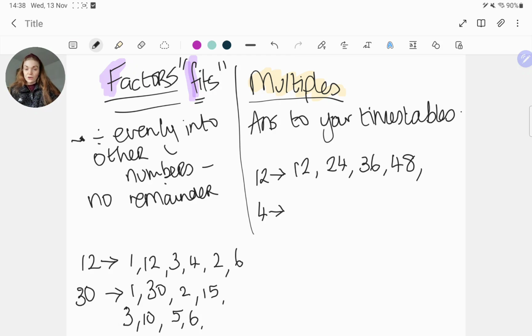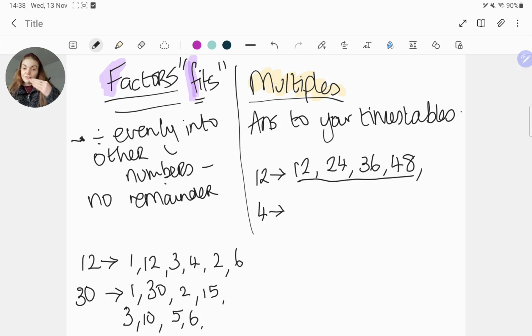So we've got our 12 times tables: 12 ones are 12, 12 twos are 24, 12 threes are 36, and 12 fours are 48. Those are the first 4 multiples of 12.